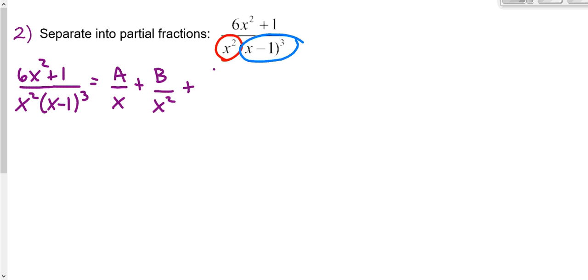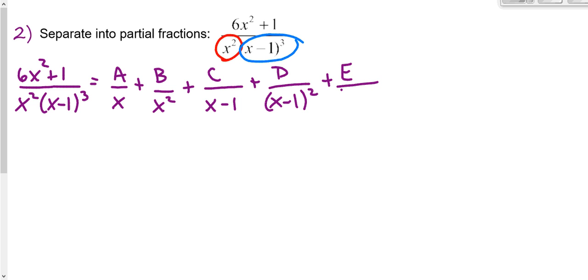A fraction with a denominator of x minus 1, a fraction with a denominator of x minus 1 squared, and a fraction with a denominator of x minus 1 cubed.